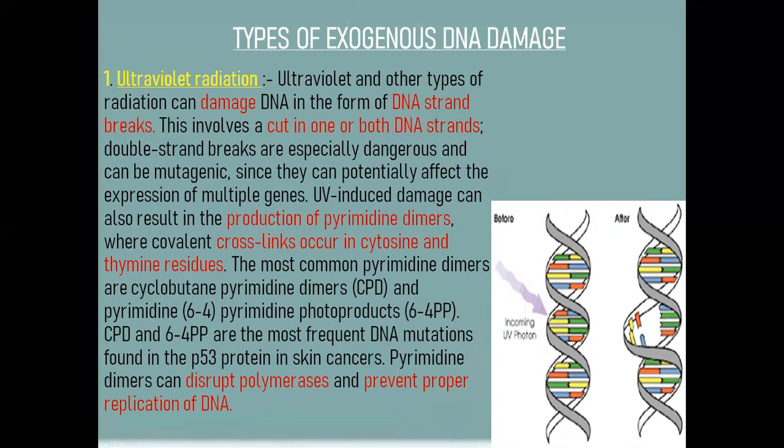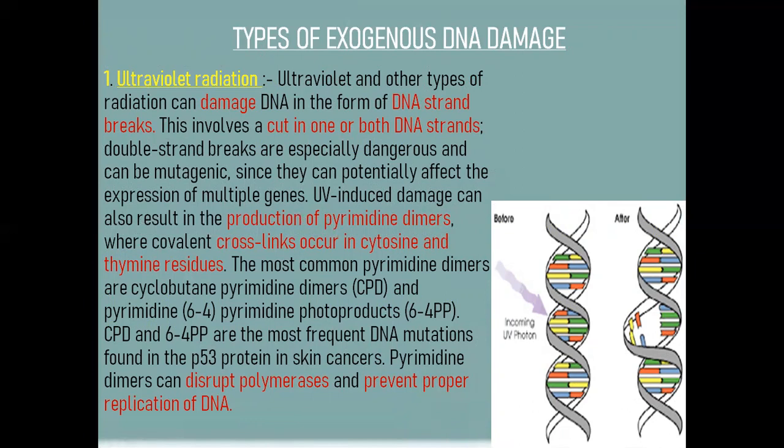Since they can potentially affect the expression of multiple genes, UV-induced damage can also result in the production of pyrimidine dimers, where covalent cross-linkage occurs in cytosine and thymine residues.